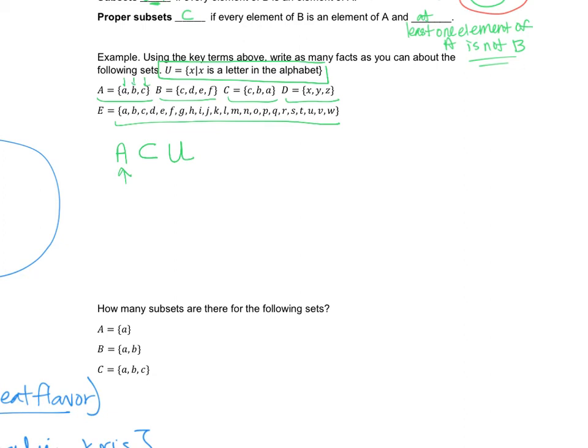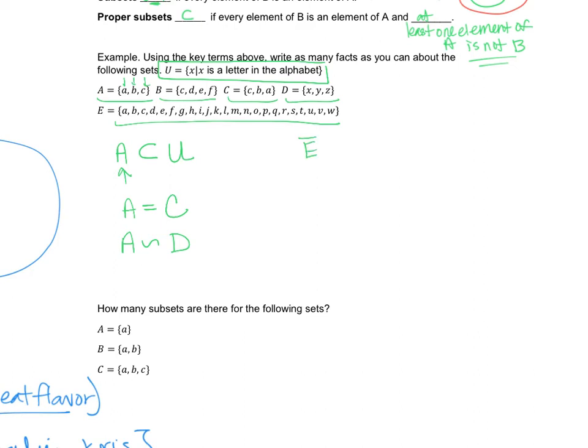Now I could write, let's see, A is equal to C because they're the exact same elements. I could write that A was equivalent to D because they both have 3 elements, so I have that 1-to-1 correspondence. I could write the complement of E.